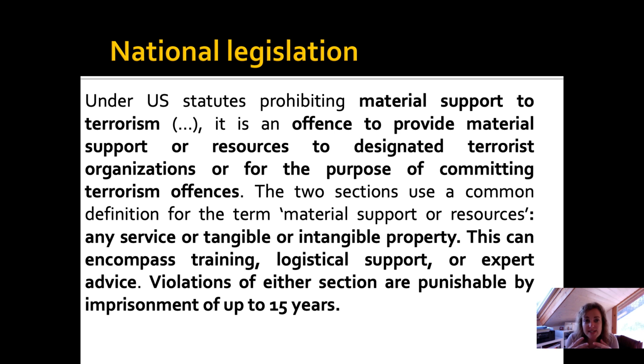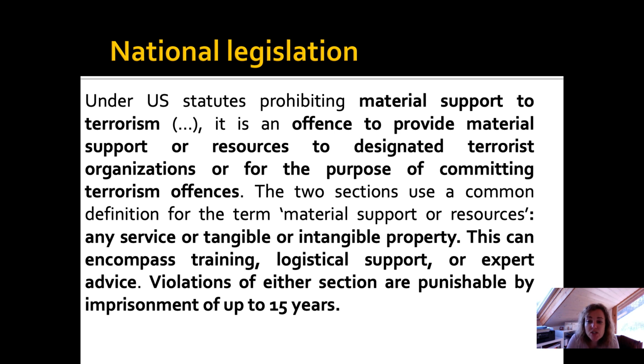So among the examples of national legislation, one can cite the different U.S. statutes that prohibit material support to terrorism. It declares that it is a criminal offense to provide material support or resources to designated terrorist organizations or for the purpose of committing terrorism offenses.